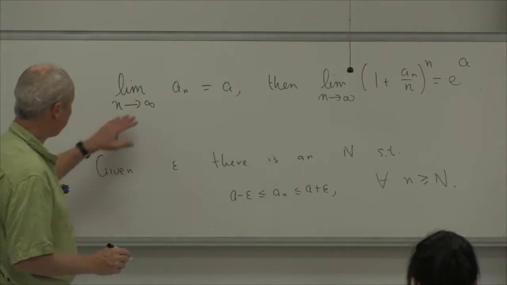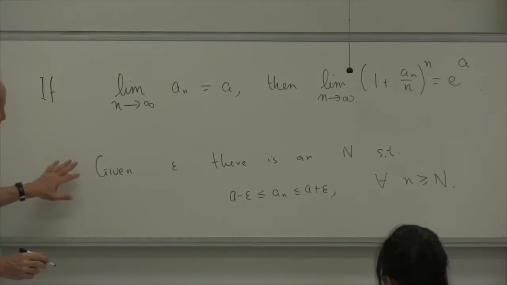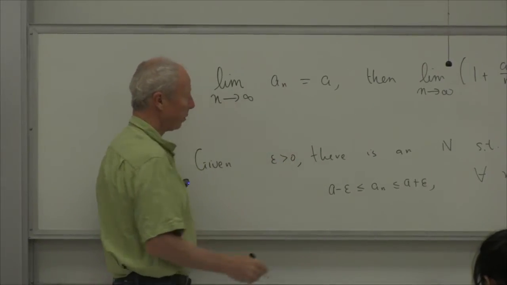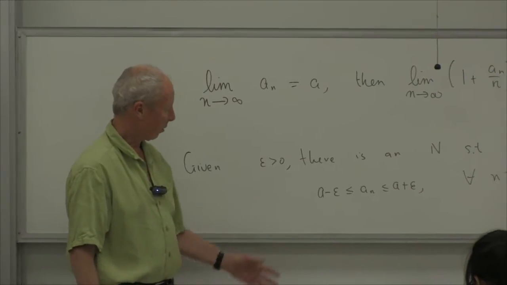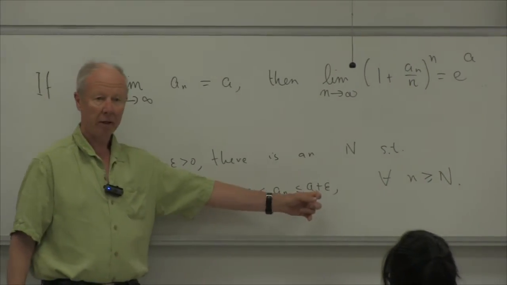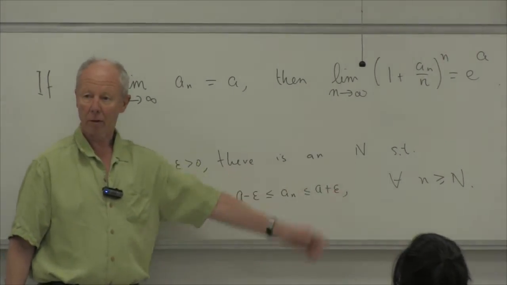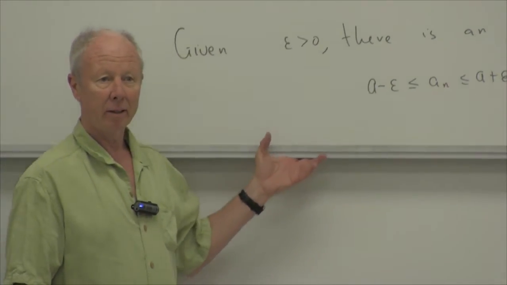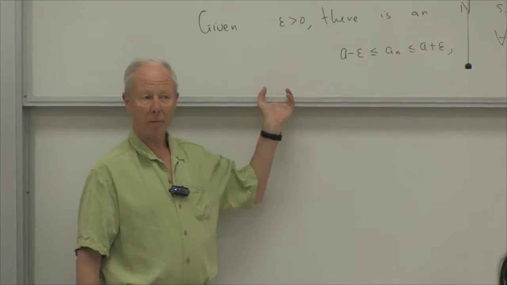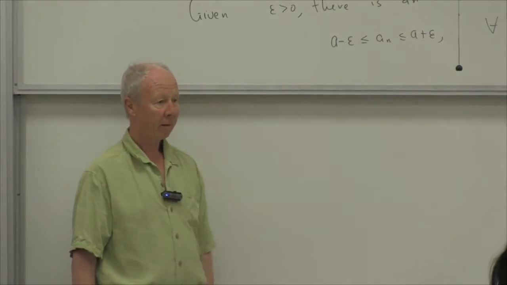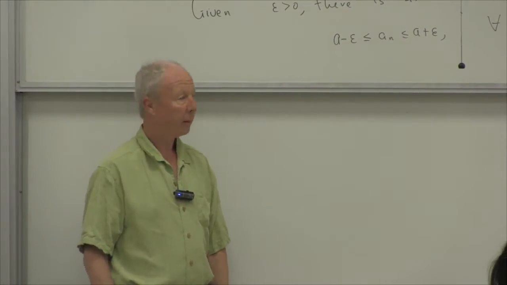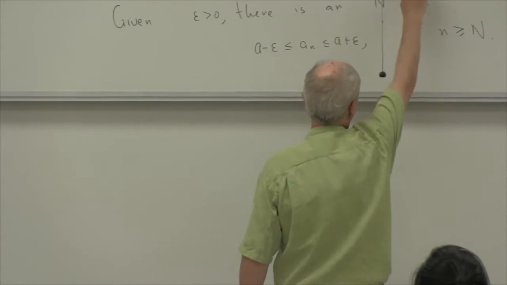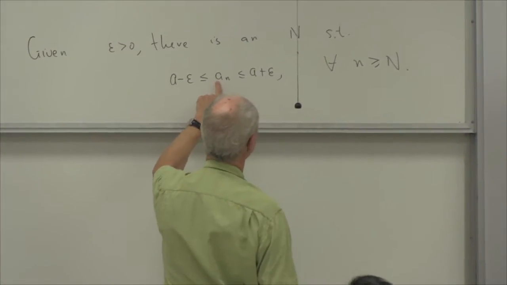Okay, that the limit of a_n is a says this: given epsilon bigger than 0, there is a capital N so that a_n is between a minus epsilon and a plus epsilon for all little n bigger than or equal to capital N. Do you agree with that statement? That's what it means to have limit a. All right. So because of that, this is the limit we want to treat. There's an a_n in there.